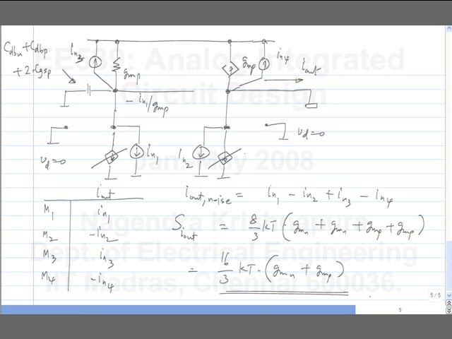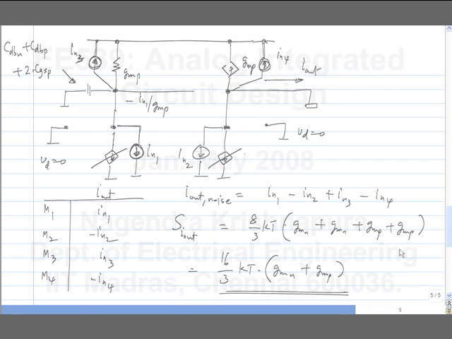Now you can also calculate it for AC. This IN1 and IN2 will go through a low pass filter. And IN3 and IN4 will flow directly to the output. This is okay?